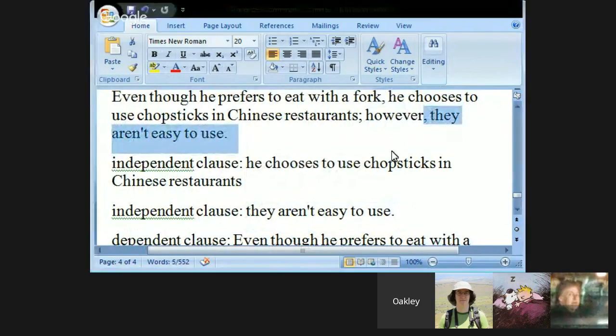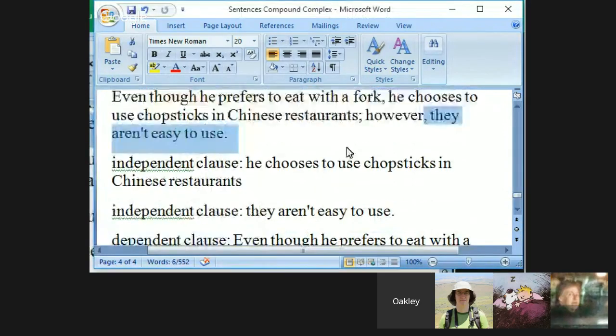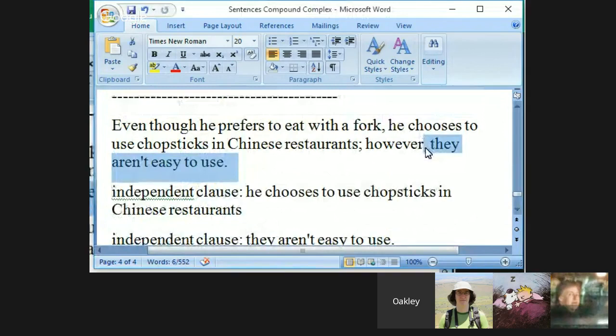It's used to help link an independent clause. Frequently you'd see something like that in a compound complex sentence, just like this, after a semicolon.